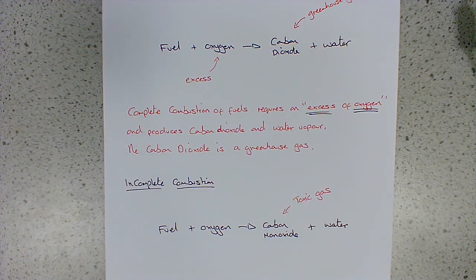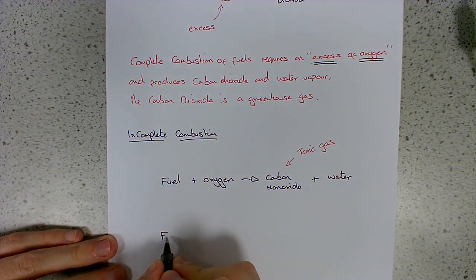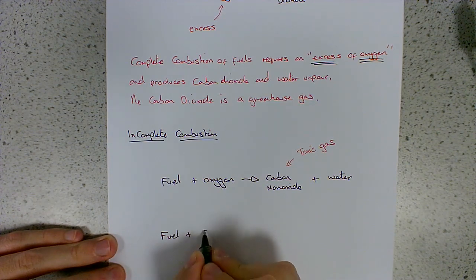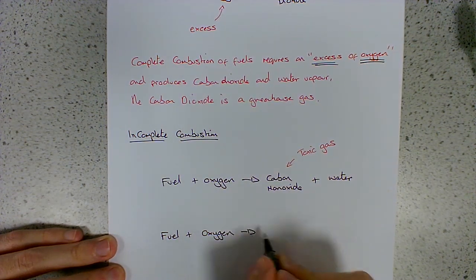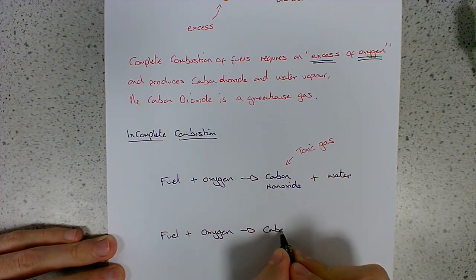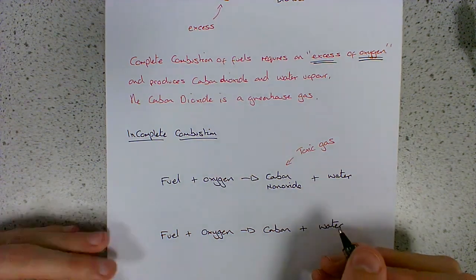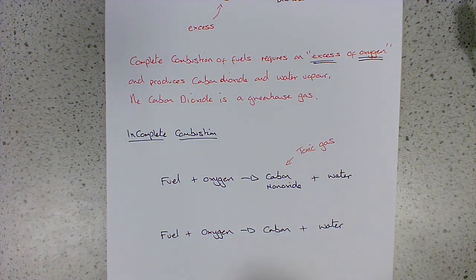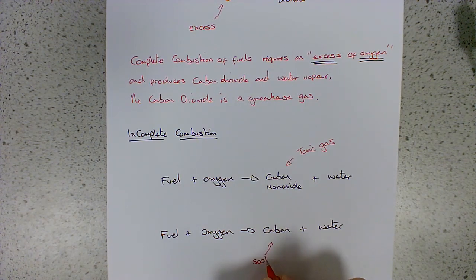The other thing that could happen, if there's not enough oxygen, is your fuel will still combust, but this time it will just produce solid carbon and water vapour. Okay? And the term we give to this is soot.